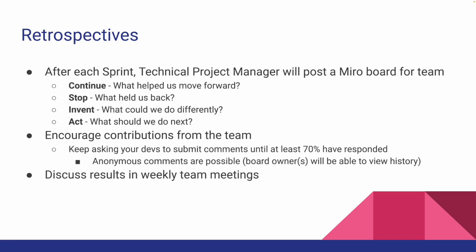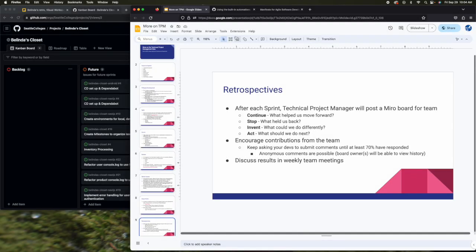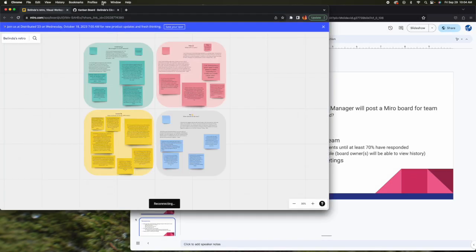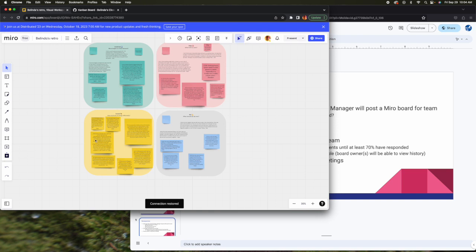Now for retrospectives. After each sprint, as we said before, there will be a retrospective, and that will take place on Miro, and it's divided into 4 different sections. I actually wanted to show you one from last summer that we did, just so you can get a visual feel for it.